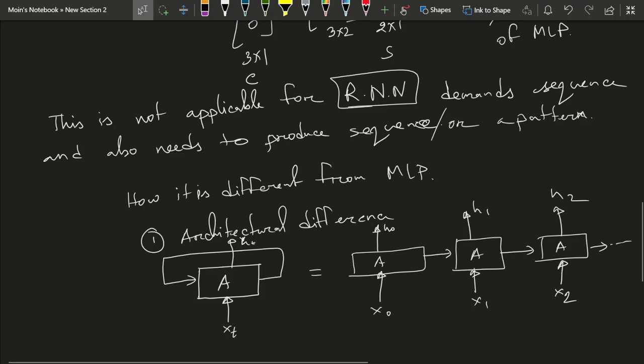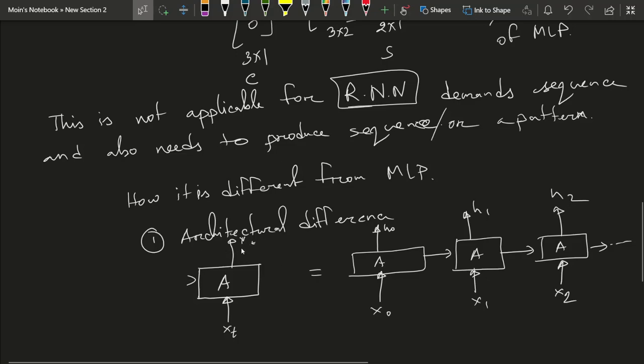So that is the procedure of the weight matrices. And if I consider this architecture more elaborately, then we can depict it in a different manner.